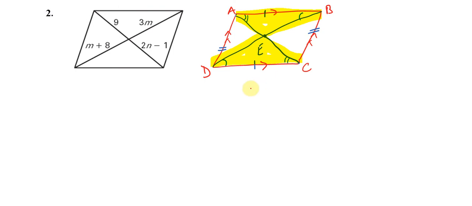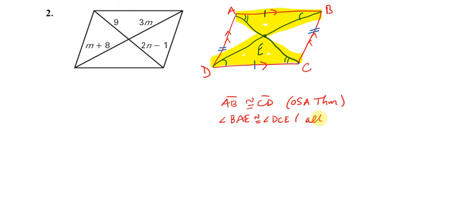And it's not hard to see why. We know that the opposite sides are equal to each other. AB is congruent to CD. This was from before, the OSA theorem, opposite sides and angle. We know that angle BAE is congruent to angle DCE.